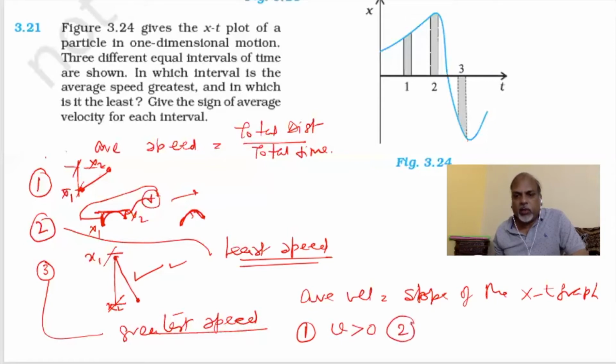In case of 2, again x2 will be greater than x1, so it will be positive.